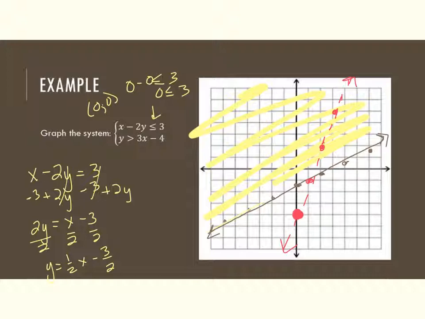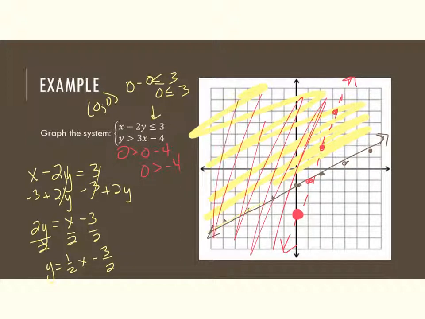Still pick a test point, so I can still pick 0, 0. So 0 would be greater than 0 minus 4. Is 0 greater than negative 4? That is true. So then you're going to shade everything over here. And then you're going to see where they overlap. Sorry, I don't have a great way of doing that on the program I'm using here.